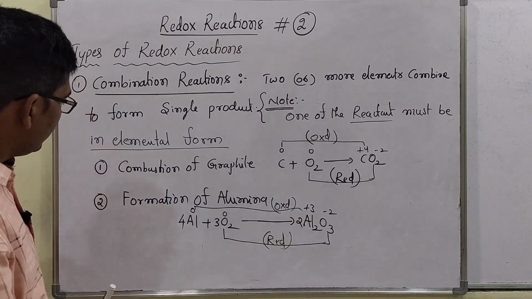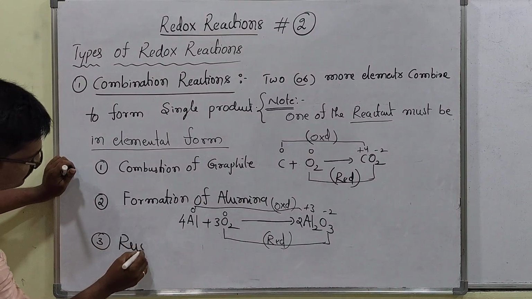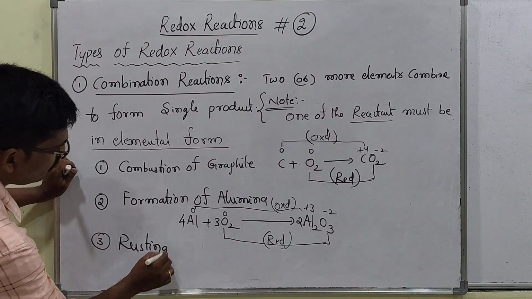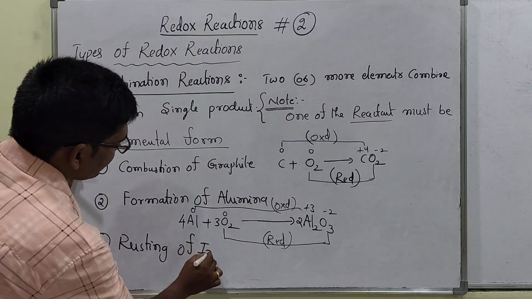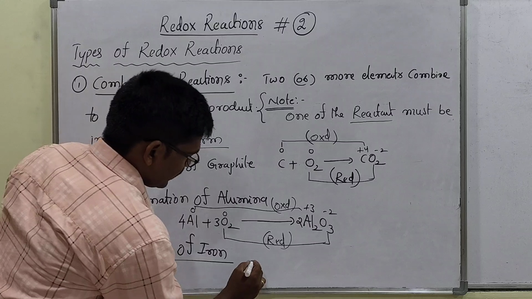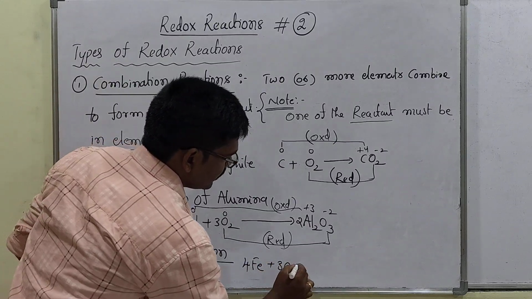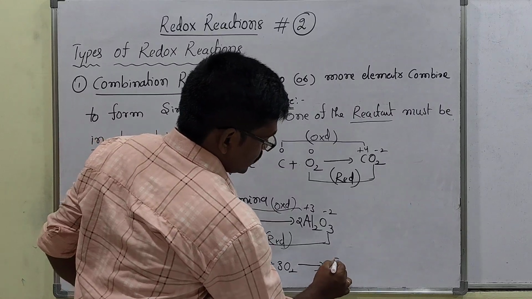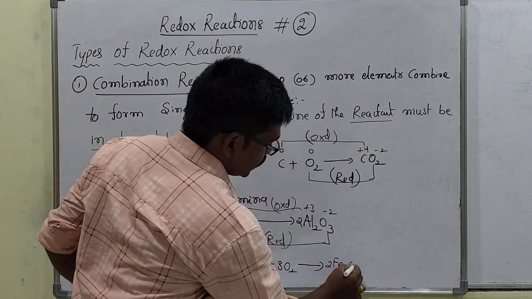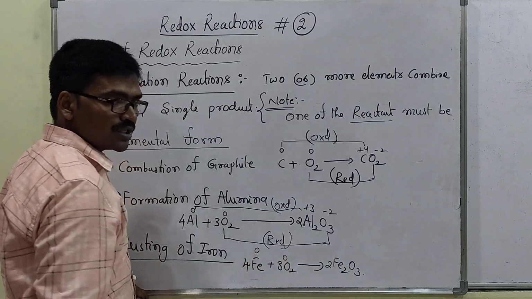Then one more example, rusting of iron. 4Fe plus 3O2 gives 2Fe2O3. Here both reactants are in 0 oxidation state.